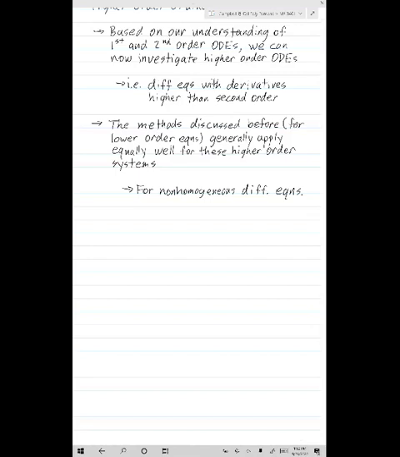So we can use these methods for our homogeneous case as well as the non-homogeneous case. One of the nice things for the non-homogeneous case is that if we elect to go with the characteristic equation method, I'll just note that you can use the method of undetermined coefficients for this particular case as well.